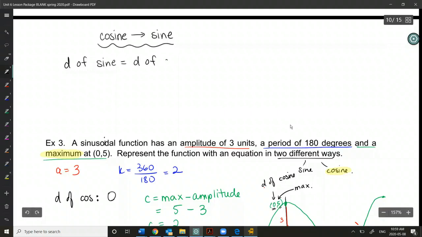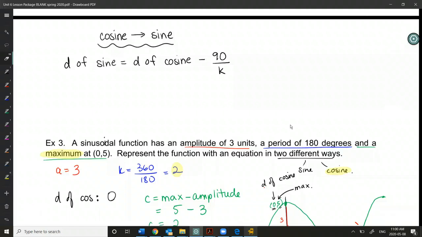So we'll take the current d of cosine, and we are going to go further left by 90 degrees, but I need to consider any stretch or compression that has happened. So I'm actually going to take that 90 and divide it by whatever k is. So in this case, k was 2, and I said that because we compressed by a half, instead of a 90-degree shift, it was actually a 45-degree shift. So I found that by simply doing 90 divided by 2, which gave me that 45-degree shift.